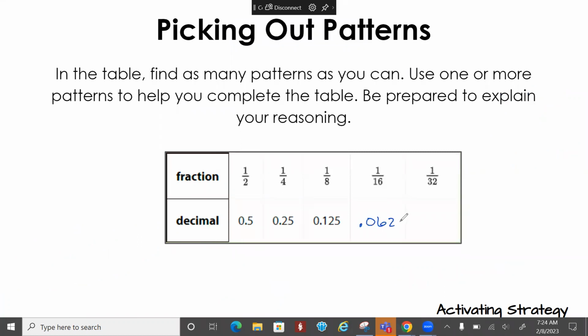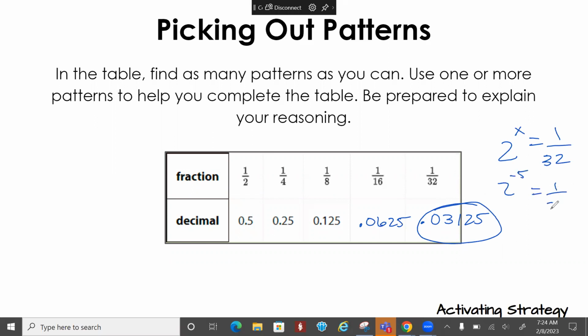We had 0.0625, and then we have 0.03125. This is what we were looking for when we were solving, right? Well, 2 to what power would give us 1/32? Well, that would be 2 to the -5th power. So that's where that -5 comes from.